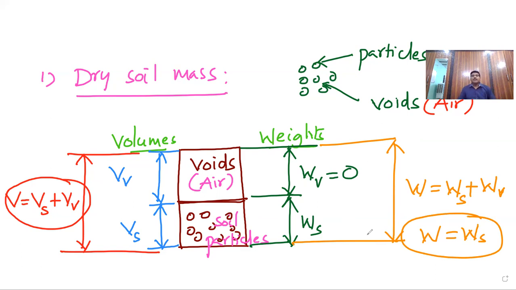This is the phase diagram. It is a two-phase system since you have only two entities, particles and voids. Hence, it consists of two phases. Clear? This is the dry soil mass.